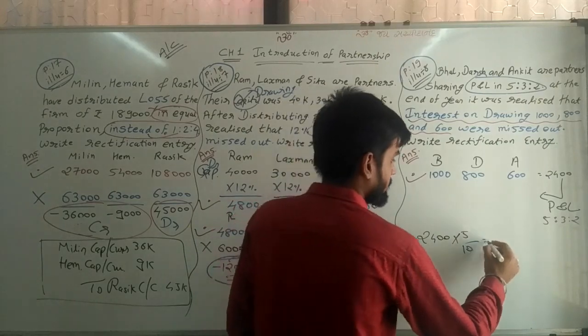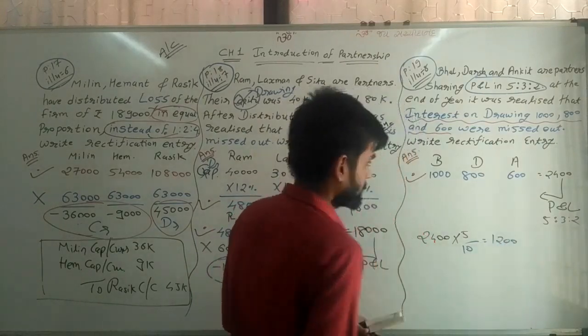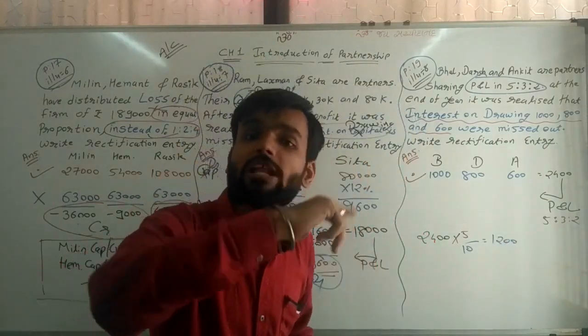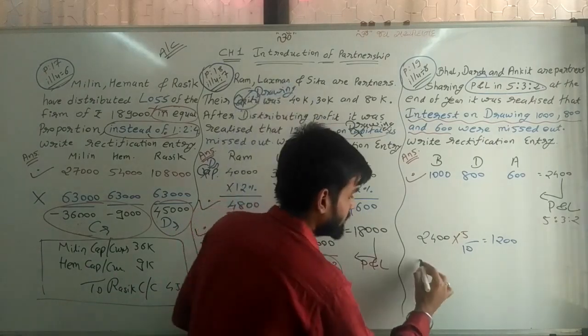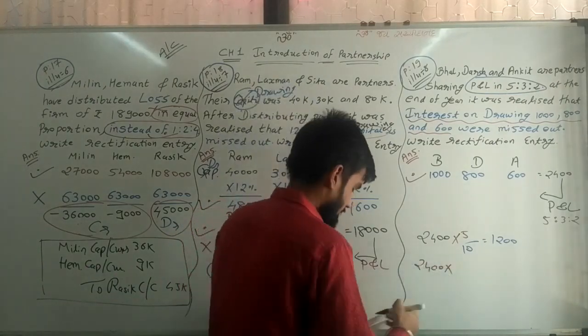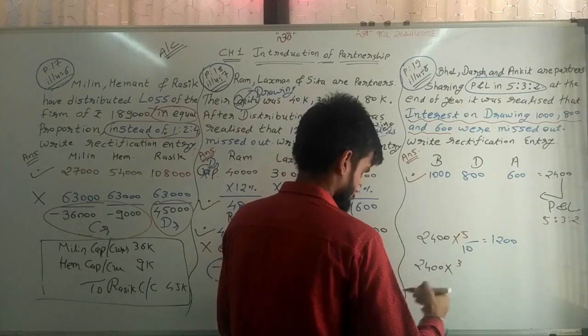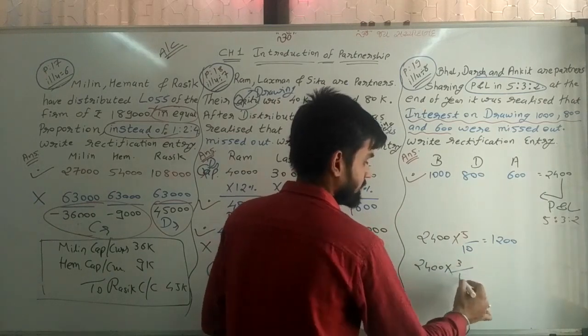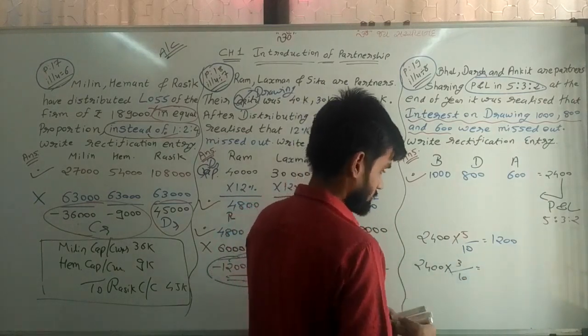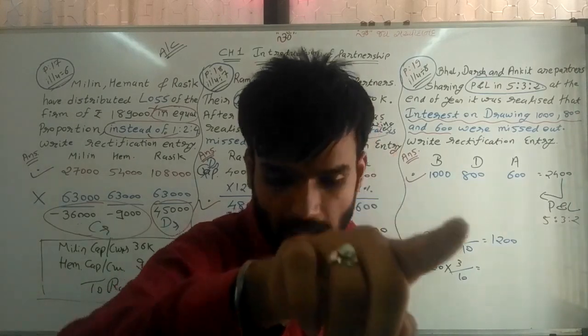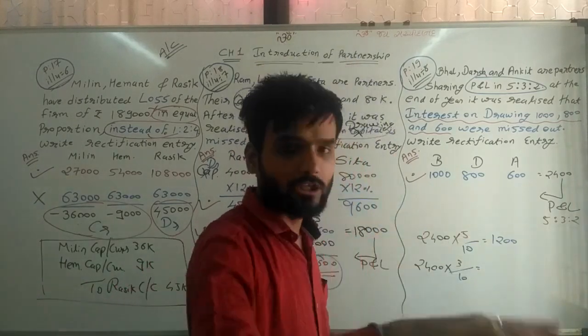Same way, if you are calculating second thing, 2400 into 3 divide by again 10, then you will get answer 720 rupees.